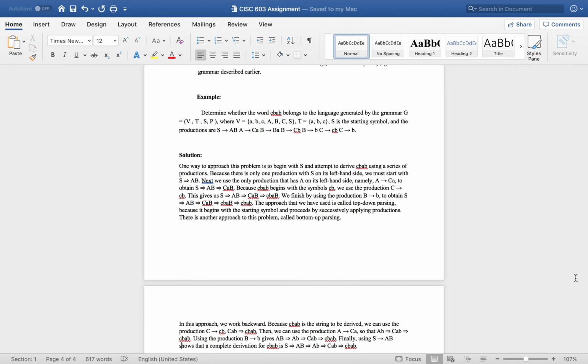So AB is equal to CAB, which is equal to cbAB. You know now how we have derived this. Using the production B produces b gives AB, that is capital A and small b, and cb is equal to cbab. Finally, using S produces AB shows a complete derivation for cbab as S, AB, CAB, cbAB, cbab.